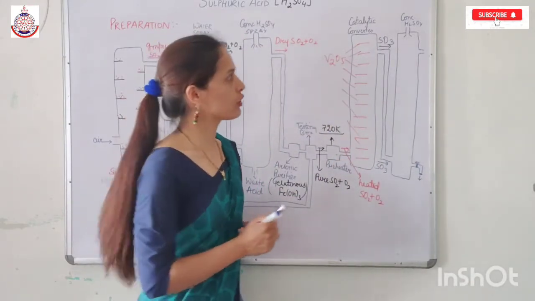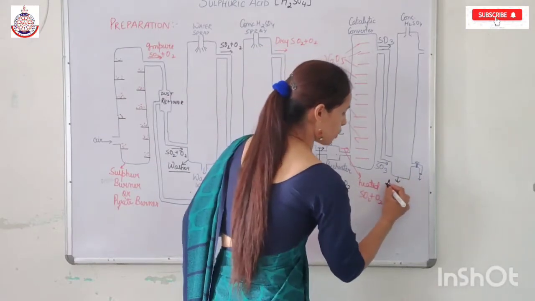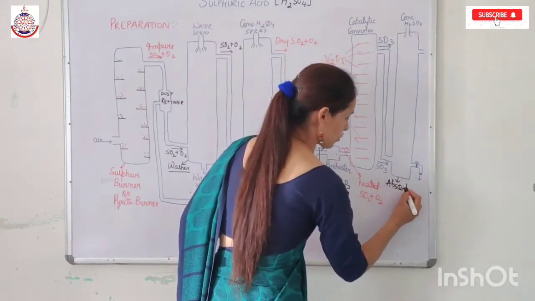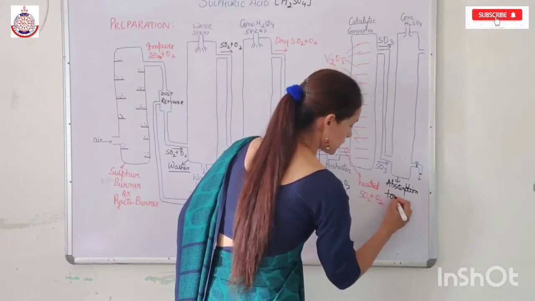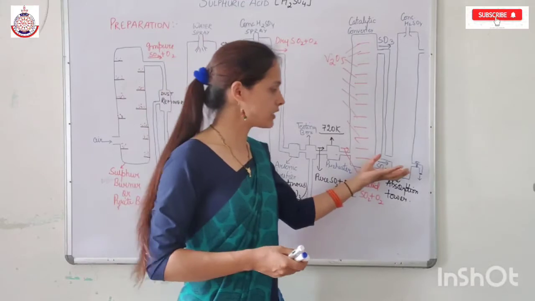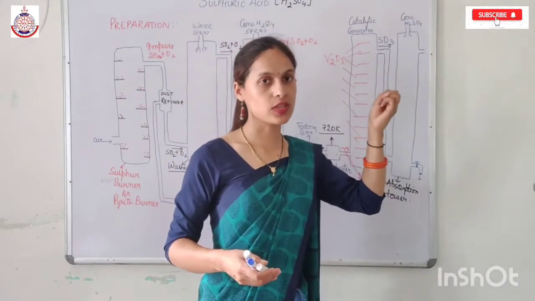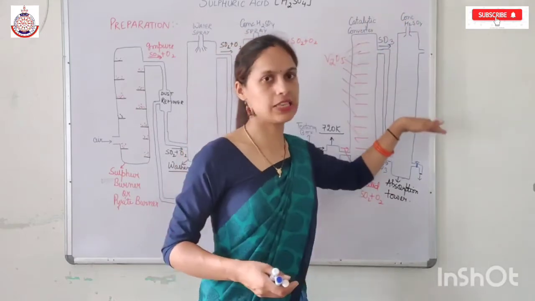This chamber is known as the absorption tower. In this chamber SO3 is moving upward and the 98% concentrated H2SO4 spray is falling downward.